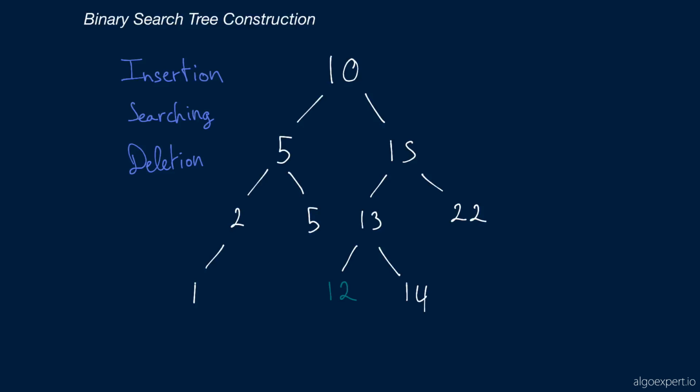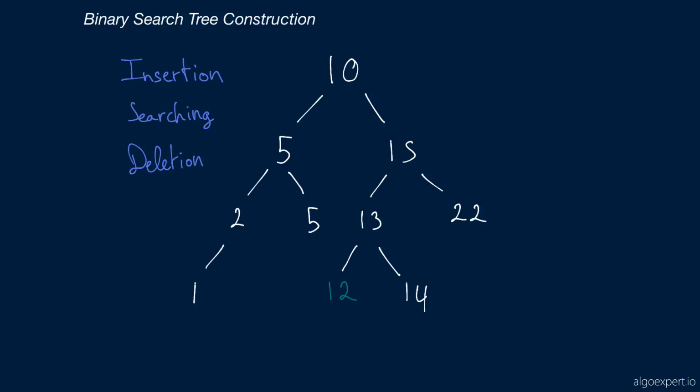So the important logic to recognize here is this idea of eliminating half of the BST at every node that you traverse or that you explore.